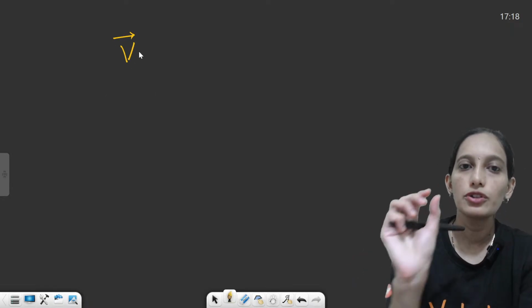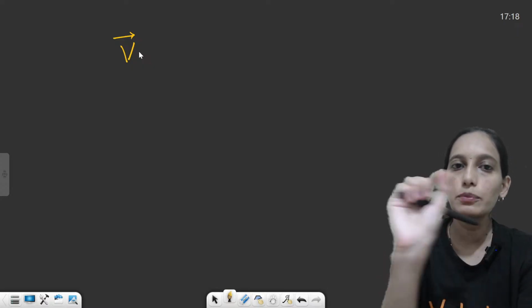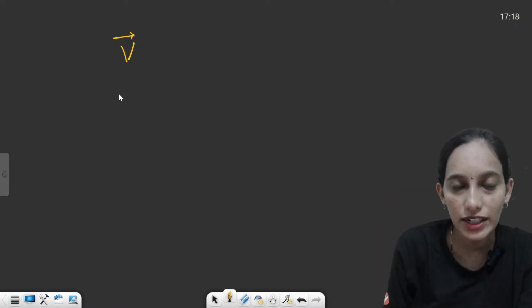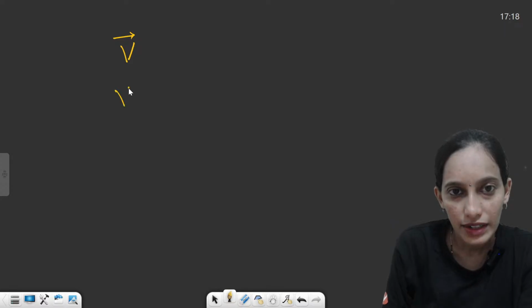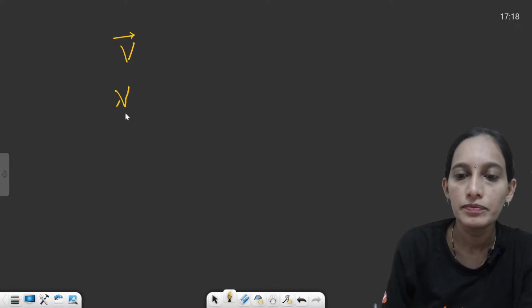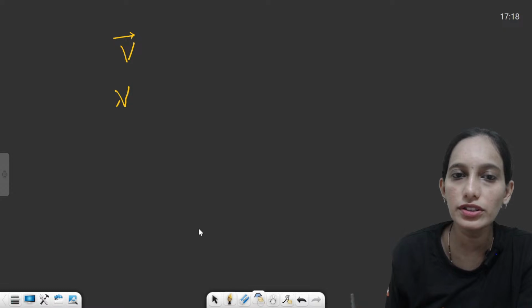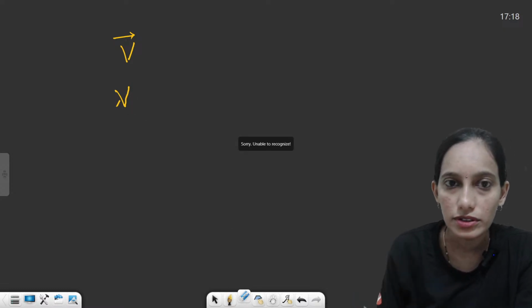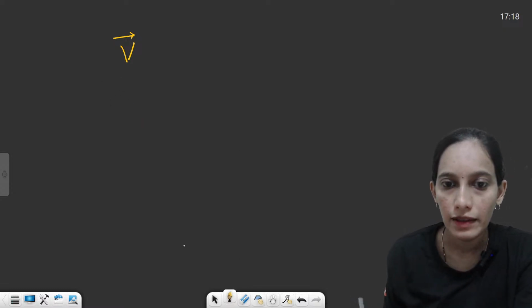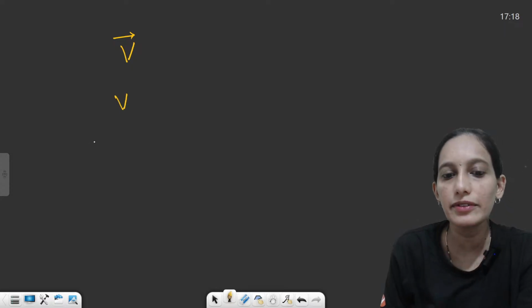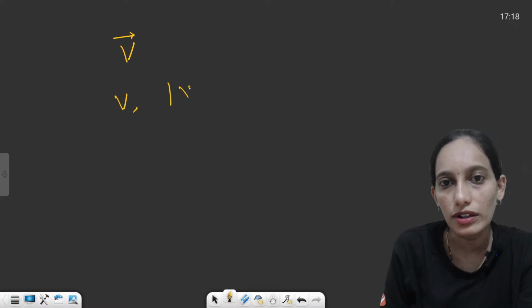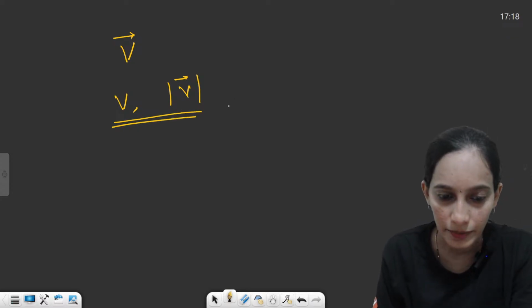You write the variable and put an arrow on top of it. So how do we write the magnitude of the vector? Either we just write the variable or we put the modulus. So these two will represent the magnitude of the vector.